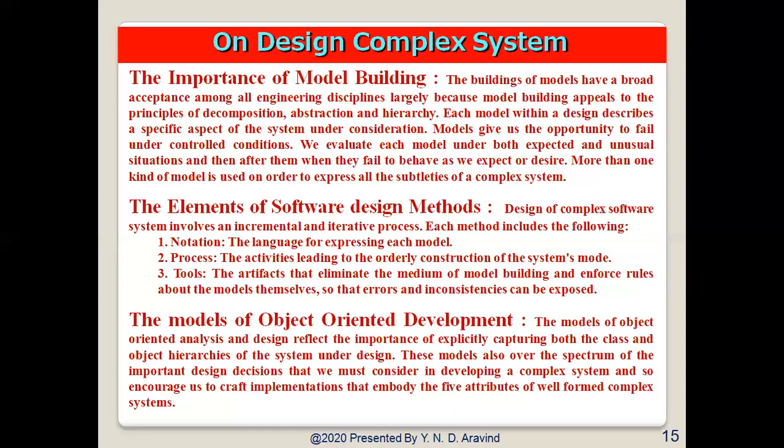Process, the activities leading to the orderly construction of the system's models. Tools, these are the artifacts that eliminate the tedium of model building and enforce rules about the models themselves so that errors and inconsistencies can be exposed.